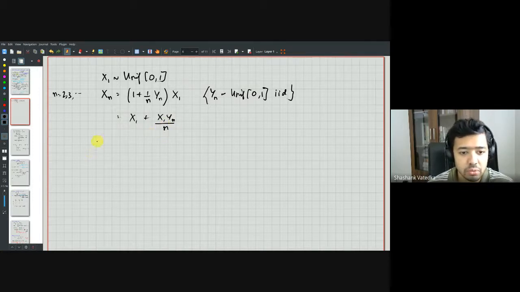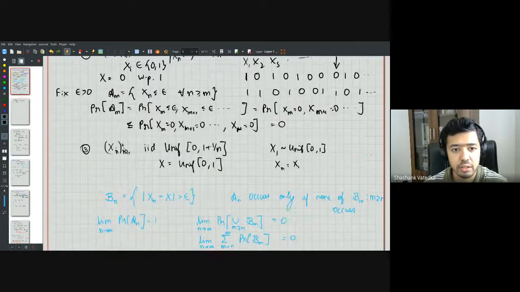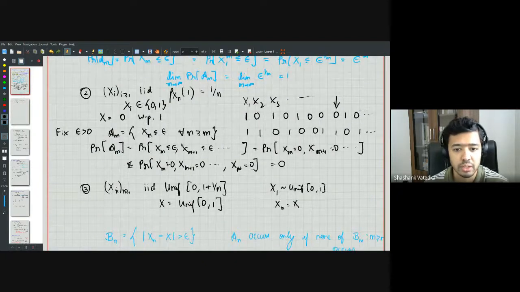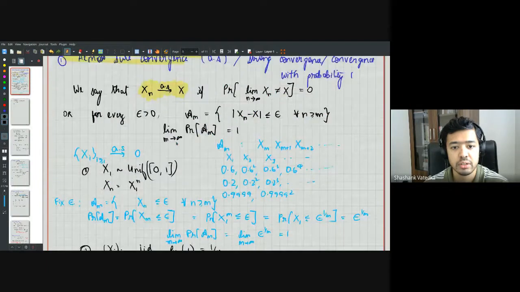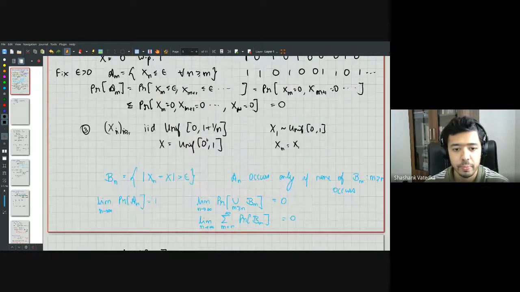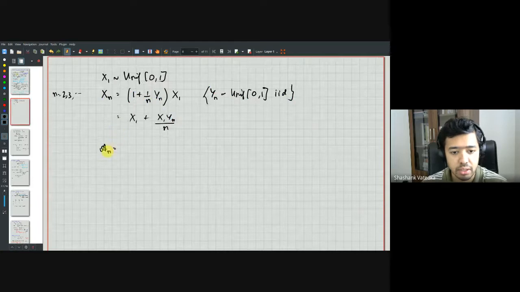Now let's look at the event Am which we are interested in. The event here is that |Xn - X| is less than or equal to epsilon for all n greater than or equal to m.